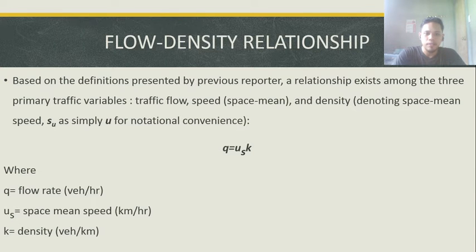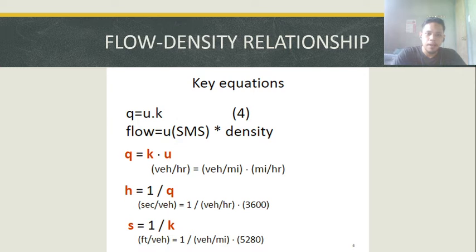So next, here are the key equations we need to remember when dealing with problems regarding flow density relationship. Q is equal to K times U, which is flow equals density times speed, where the unit of flow is vehicles per hour.